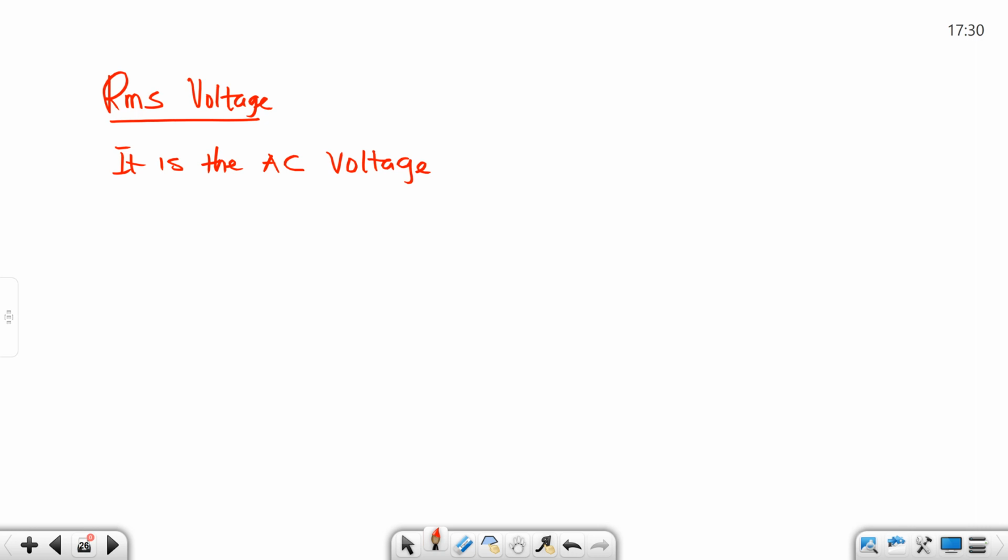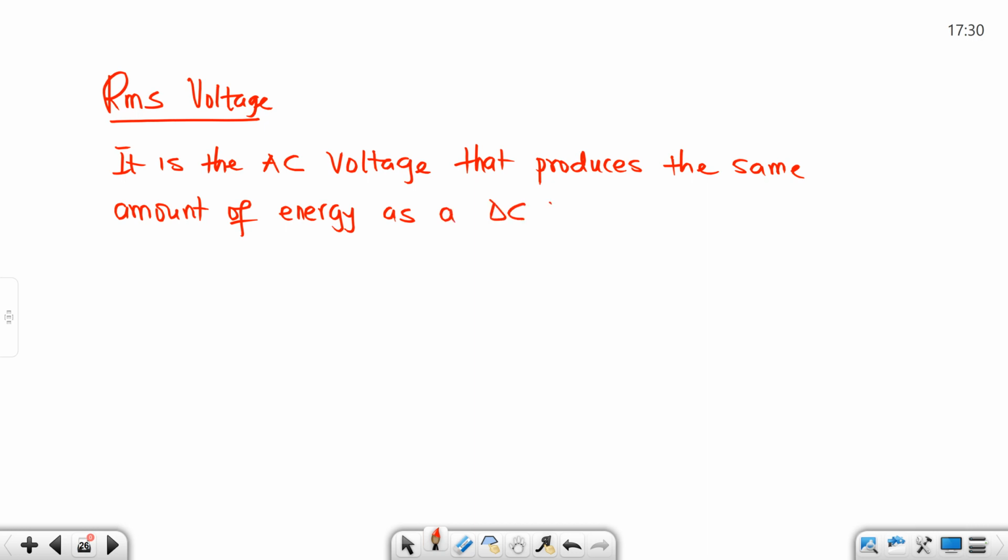It is the AC voltage that produces the same amount of energy, even if it's heat, as a DC voltage.